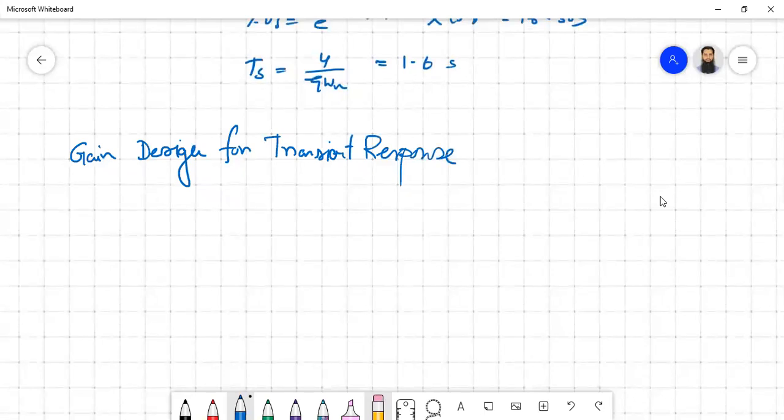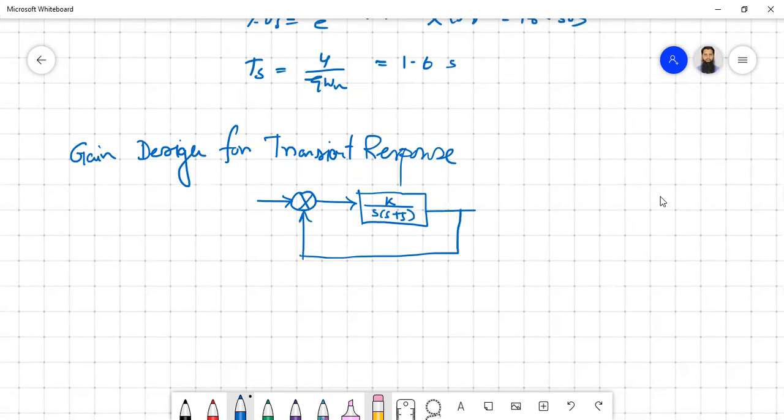Now the gain is not provided in a similar system; rather the gain is kept constant as k. So k by s plus 5. Now they have asked you to figure out what the value of the gain k should be for some special transient response we are looking for.